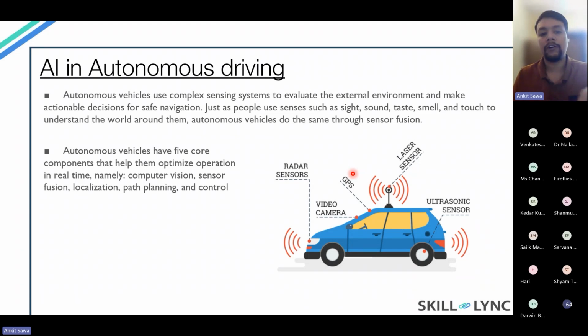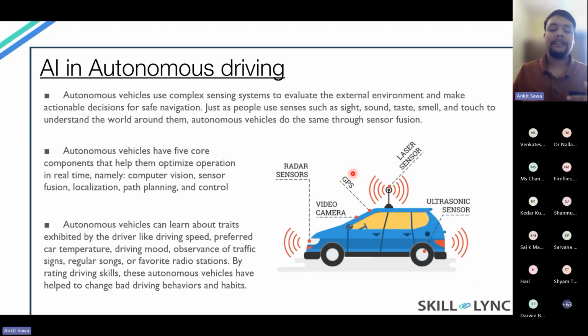Based on whatever data you have collected so far using GPS and cameras and lidar and other sensors, you will now use your navigational sensors to do some path planning and optimization. And finally the controls. Now all these four actions will result in what decision you want the vehicle to make, right? So that is the control system. These are the five most important components of an autonomous vehicle.